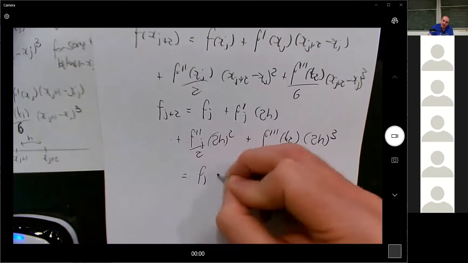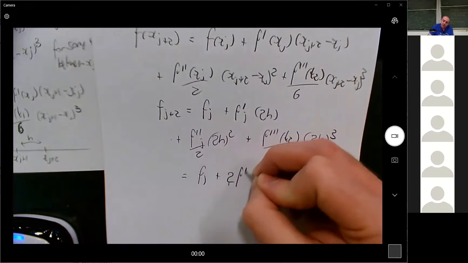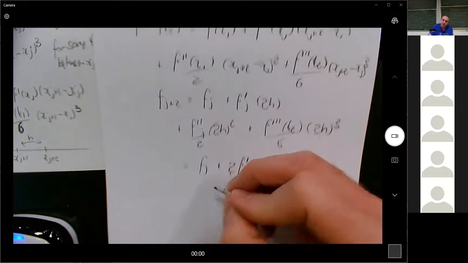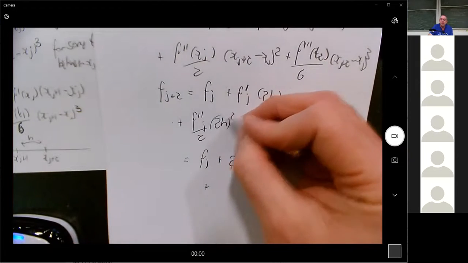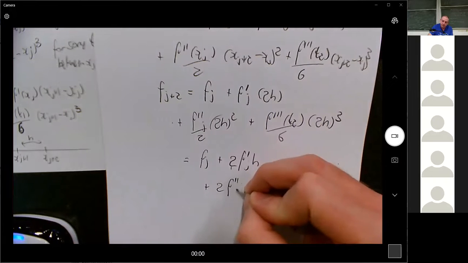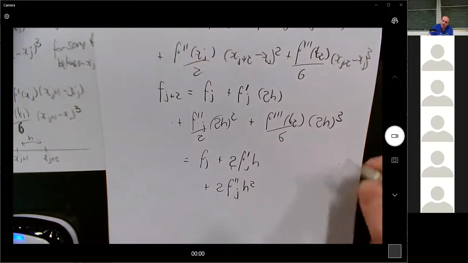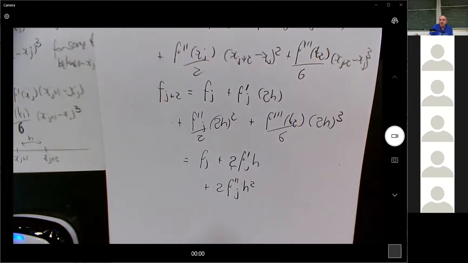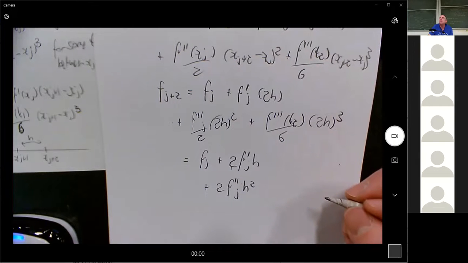Which is fj plus 2 fj dashed h plus, now 2 squared is 4, but 4 divided by 2 is 2. And we get 8 over 6, whatever that is, which is 4 over 3.